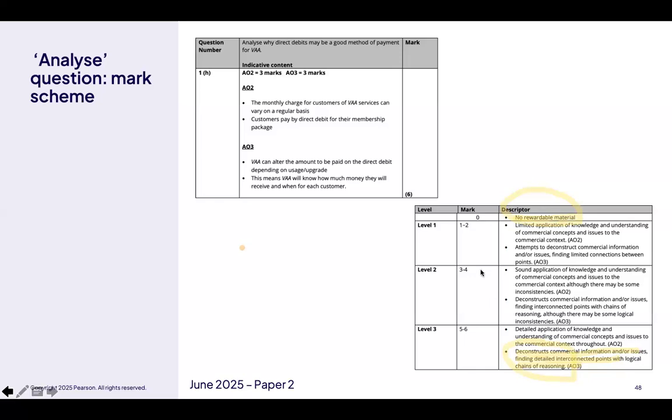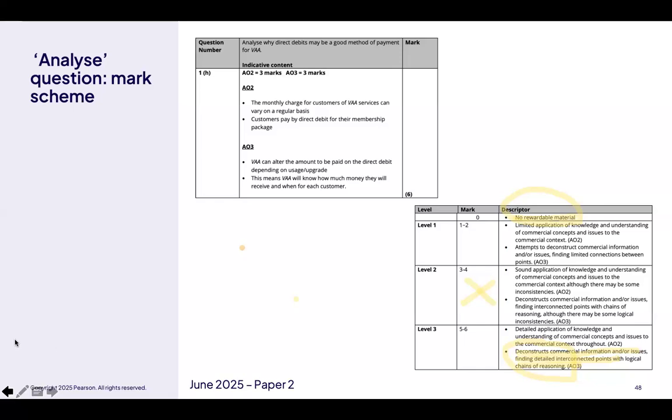I hope you're agreeing with me that examiners would be looking at a best fit for this response being in level 2, and it would probably be awarded 3 marks. That's how the best fit model of using these level mark schemes actually works.